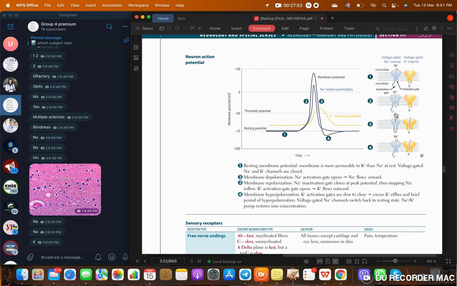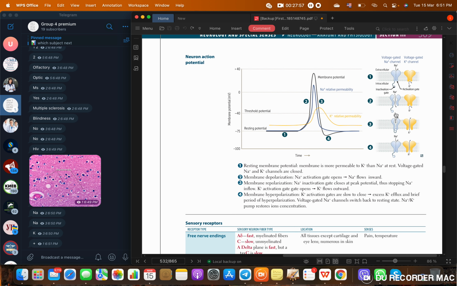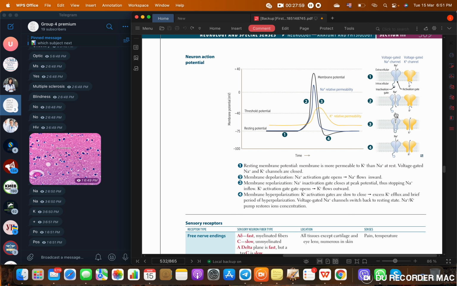When this sodium channel opens, the sodium will start entering. Is sodium positive or negative? Sodium, we say Na plus. Exactly, Na plus, so it's positive. So when it goes inside of the cell, the membrane potential will become more positive. Membrane repolarization.